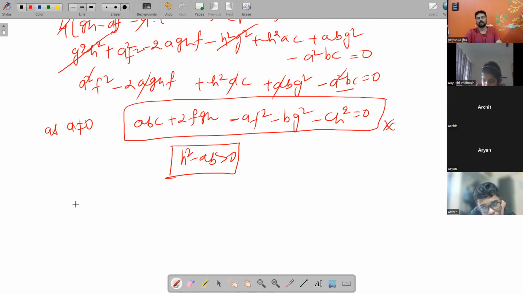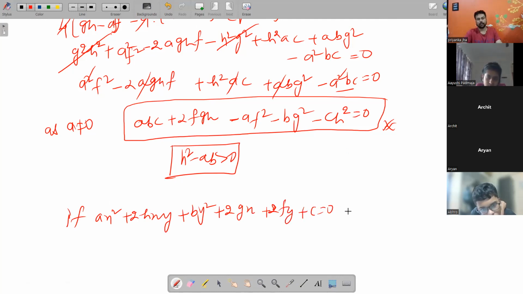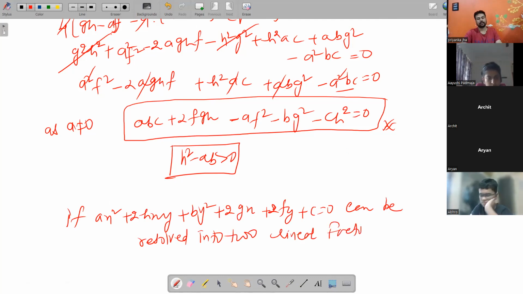Now if I summarize, I can say that if ax squared plus 2hxy plus by squared plus 2gx plus 2fy plus c equals 0 can be resolved into two linear factors, then these two conditions must hold.